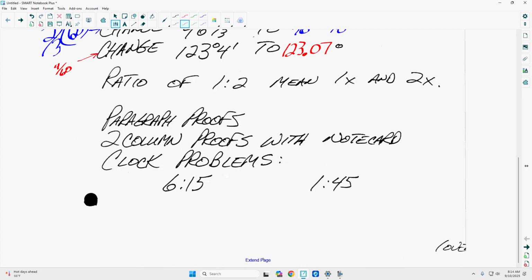There will also be a paragraph proof on the test. It'll be pretty lame. Remember that paragraph proofs, let me see if I can find an example. Remember, if an angle's been bisected, that's the same thing as dividing by 2.